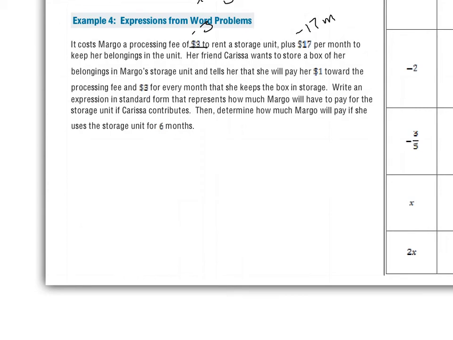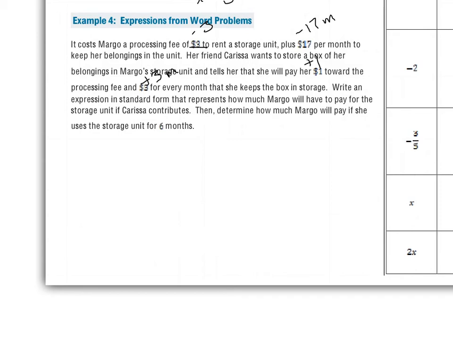Her friend Carissa wants to store a box of hers in Margot's unit and tells her that she'll pay $1 towards the processing fee, so that's going to be a plus 1, and $3 for every month, so she's going to be getting $3 for every month, so that's a positive $3 times the number of months.